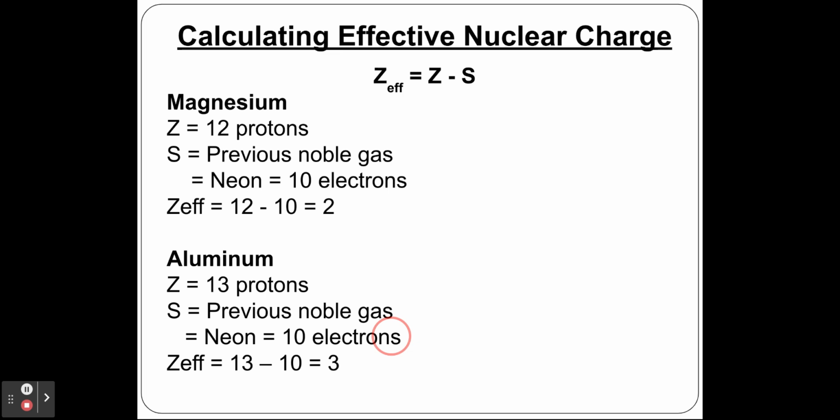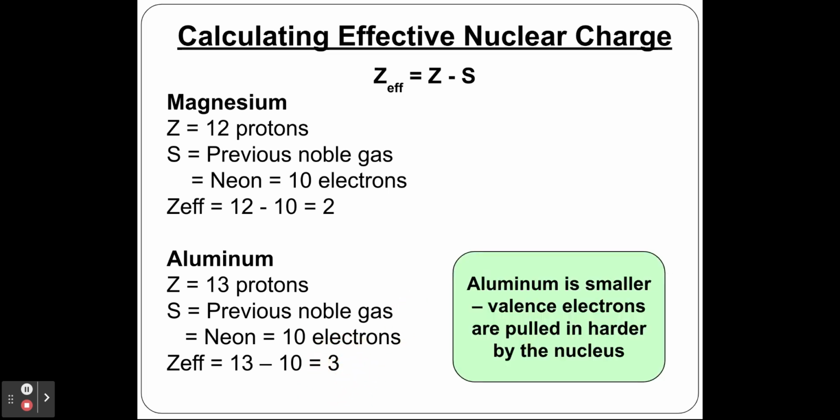So first shell, 2 electrons, second shell, 8 electrons, that makes 10. And so here we would do Z minus S, 13 minus 10 gives you 3. So here in aluminum, because of that extra proton that was added to aluminum, the valence electrons for aluminum feel a larger effective nuclear charge, a positive 3.